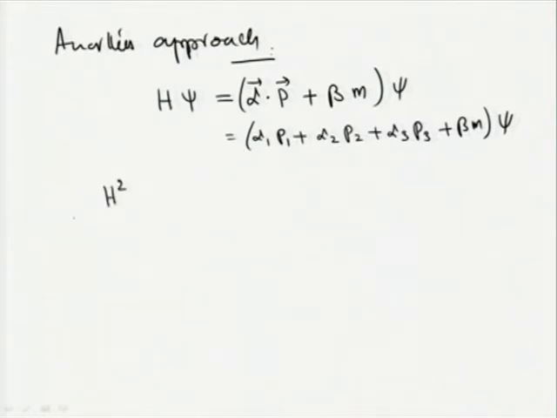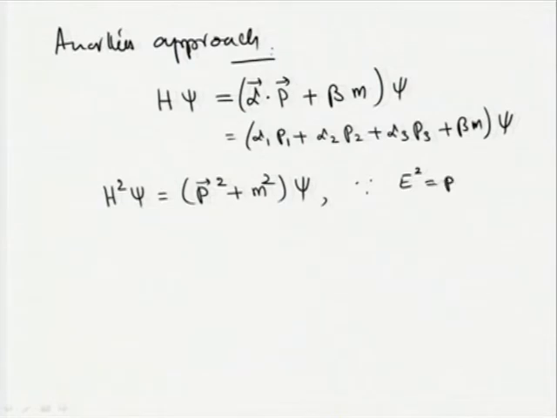Now, what are these alphas and betas? For that we will again rely on the energy momentum relation. We know that H square psi should be p square plus m square psi, since the Hamiltonian operator squared, when it acts on psi, will give you the square of the energy as the value if psi is the eigenstate of energy, and usually we take psi as the eigenstate of energy, which is a physical state.